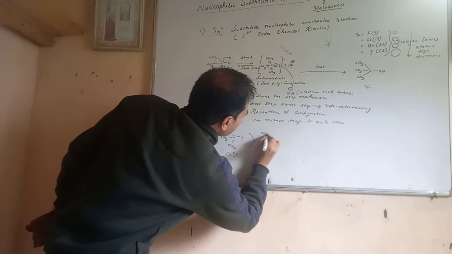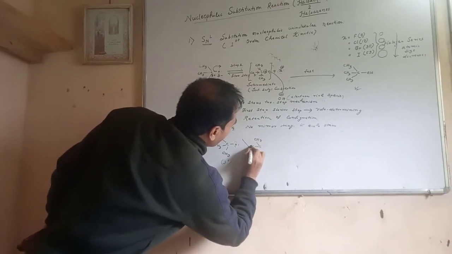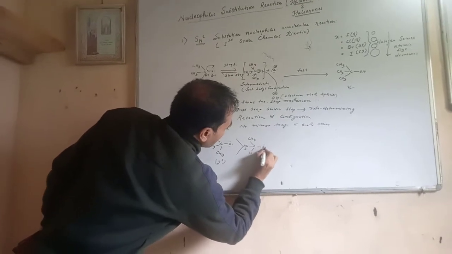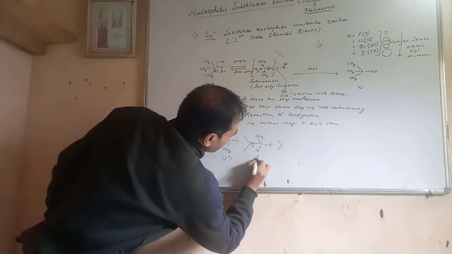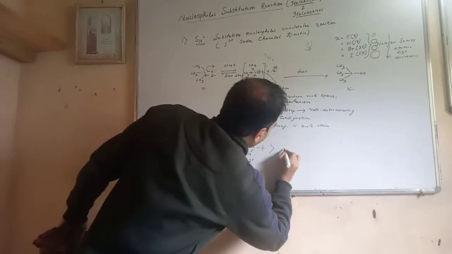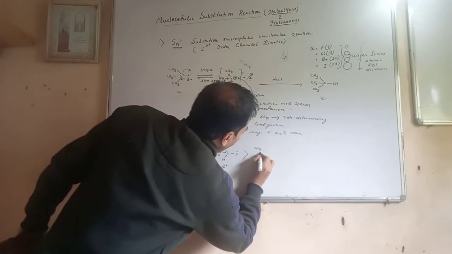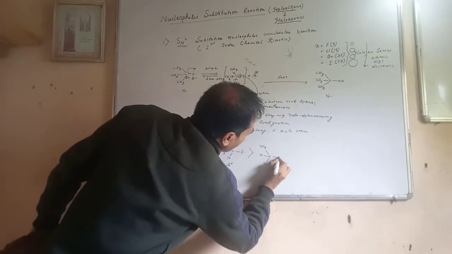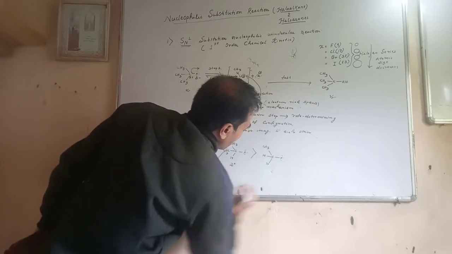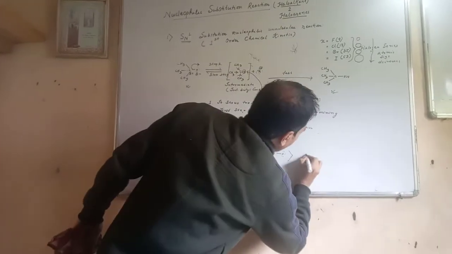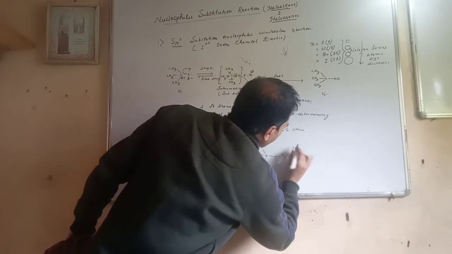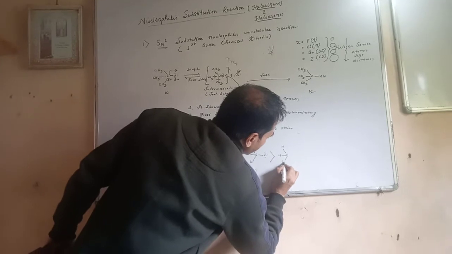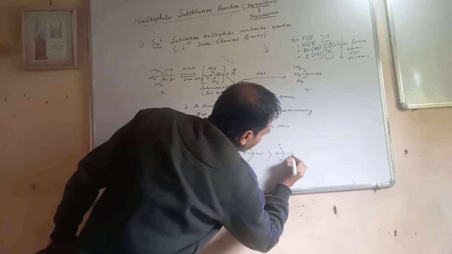Now, if I write secondary, H, yes, so this is a secondary. Now let's come to the primary case. And the unsubstituted case also, we'll just try to do out here, okay? So this is the unsubstituted case.